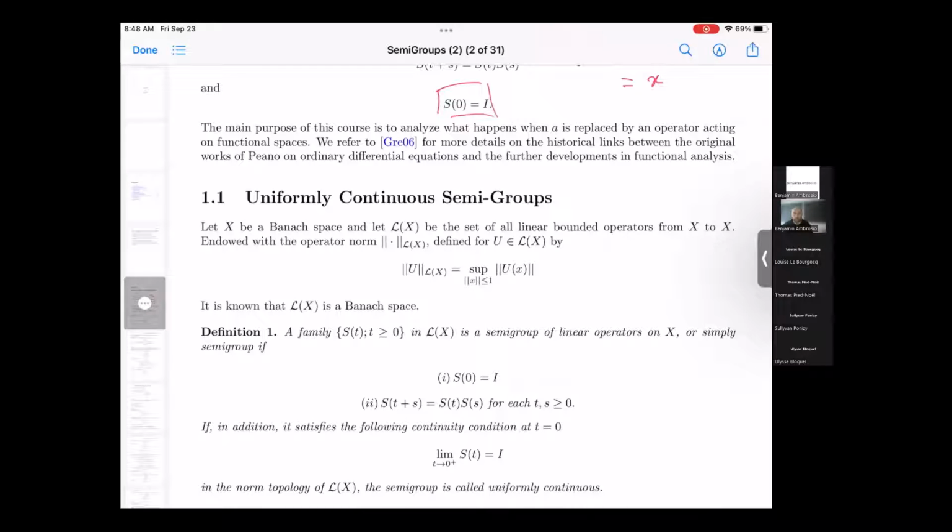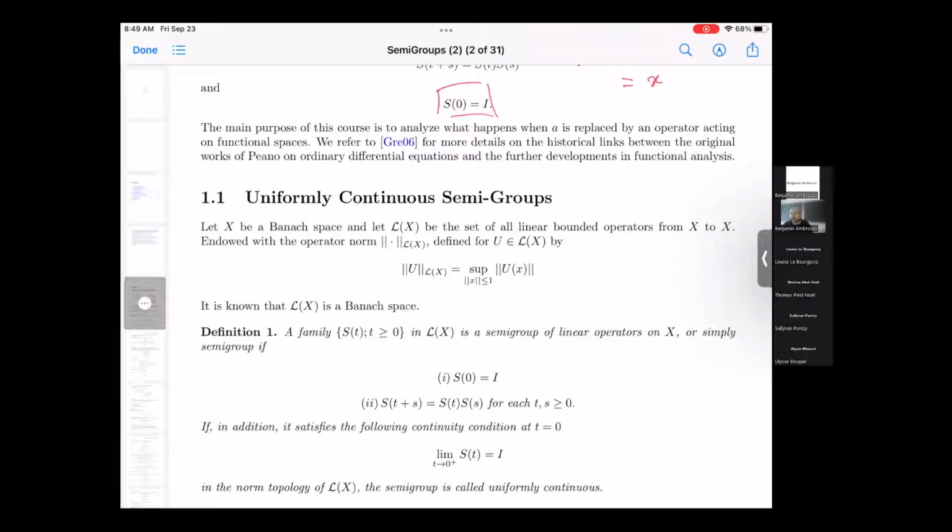So we're moving on with the uniformly continuous semigroups and the definition of semigroups. The basic setting is that you have a Banach space X, and on this space X, you consider the set of all linear and bounded operators from X to X. You put on it the operator norm.